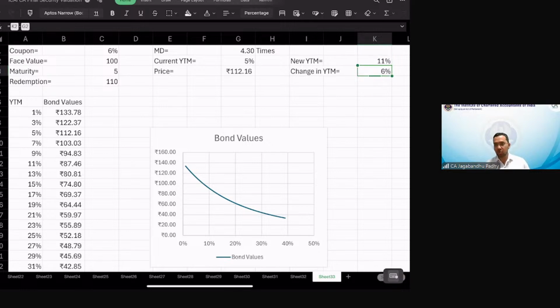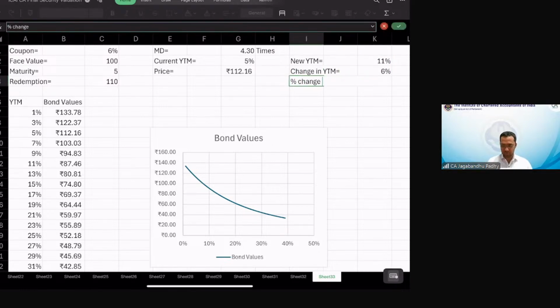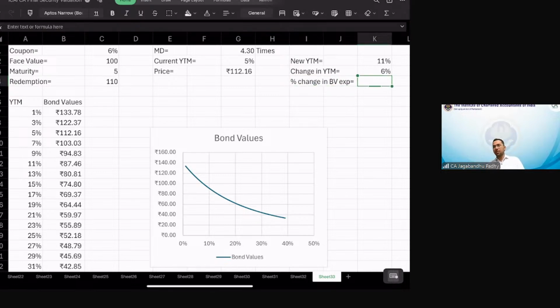So how much percentage change do you expect? Can you tell me what will be the percentage change in bond value expected due to just modified duration? Only due to the modified duration, what percentage change in bond value are we expecting?